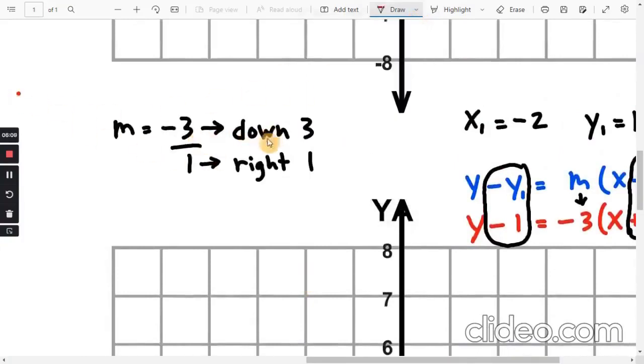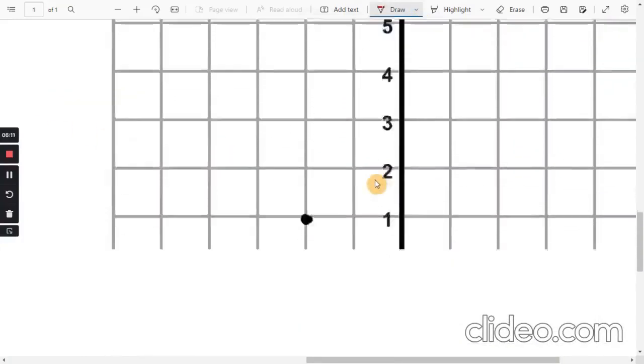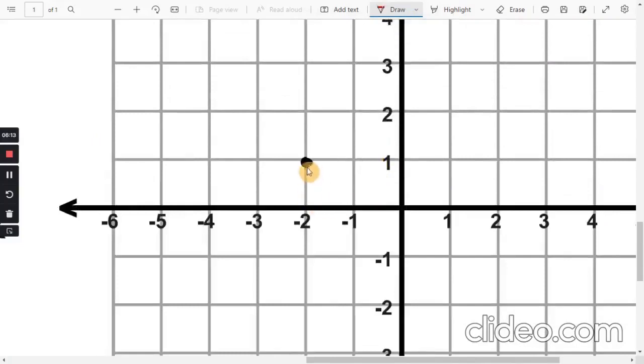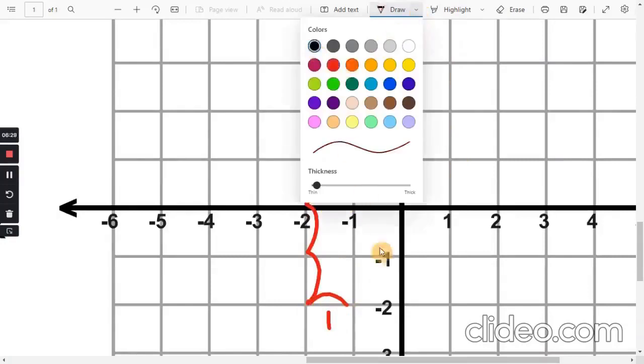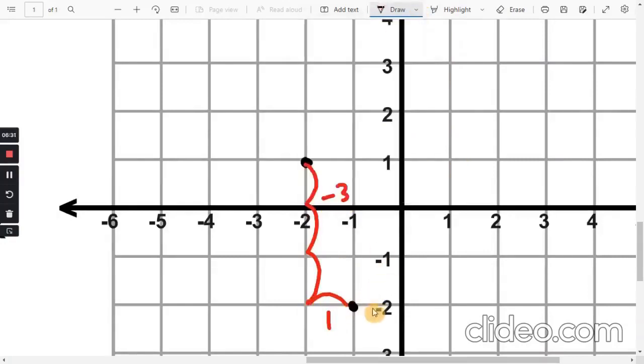Okay, so down 3 and right 1. Let's go to our point. We're going to go down 3, 1, 2, 3. So since we went down, that's negative 3. And then right 1. So that's positive 1. And that is a point on the line.